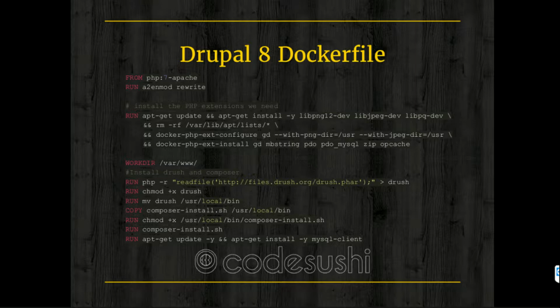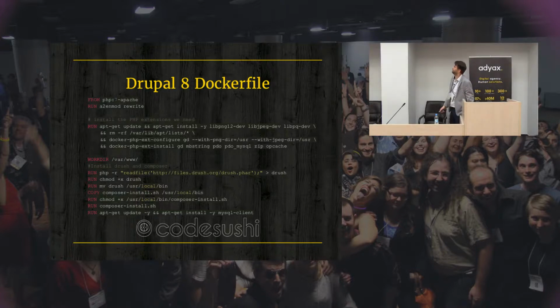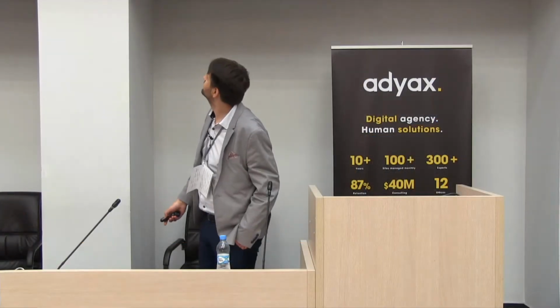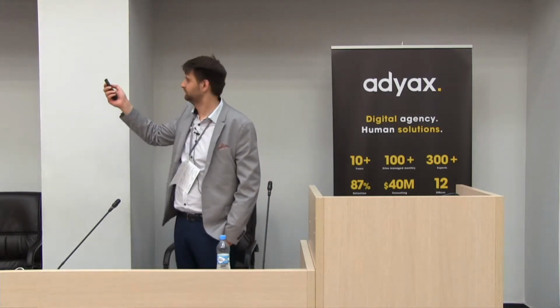And the Drupal 8 Dockerfile is quite similar, but not really. First of all, this line is different. It tells Docker to base our build on PHP 7, which is awesome, apparently.